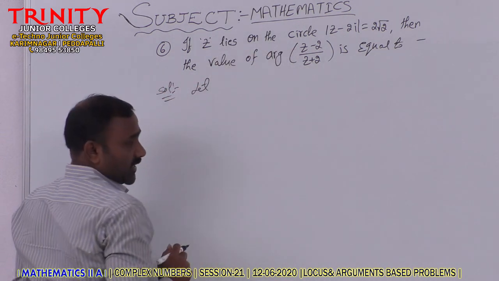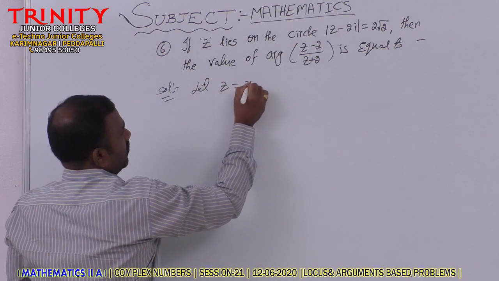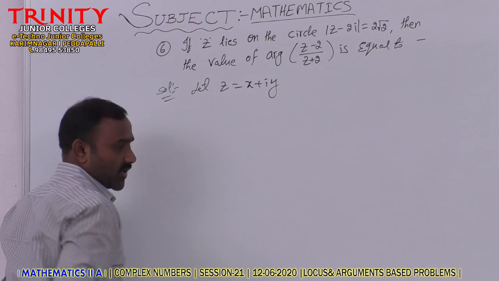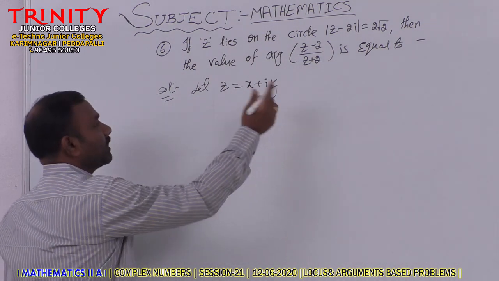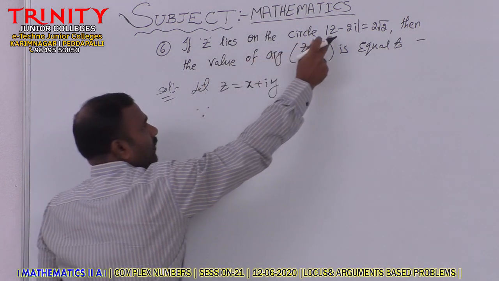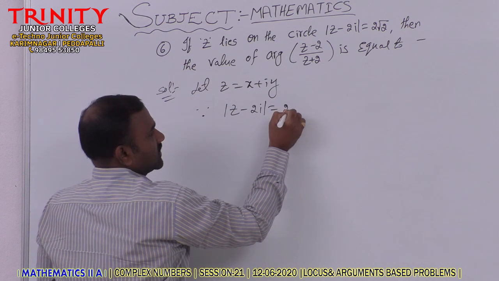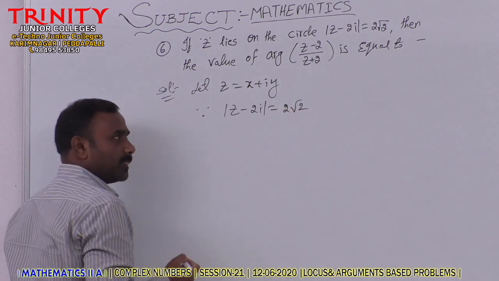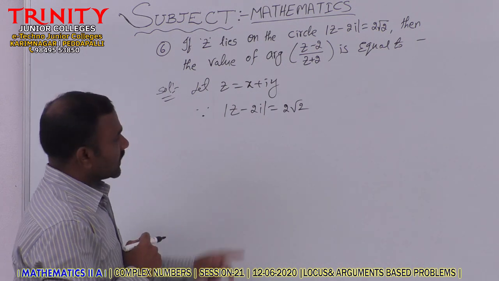Z lies on the circle. Let us take the point on the locus as z equal to x plus iy. Since he was given the condition modulus of z minus 2i is equal to 2 root 2, by using this, we have to find the condition.